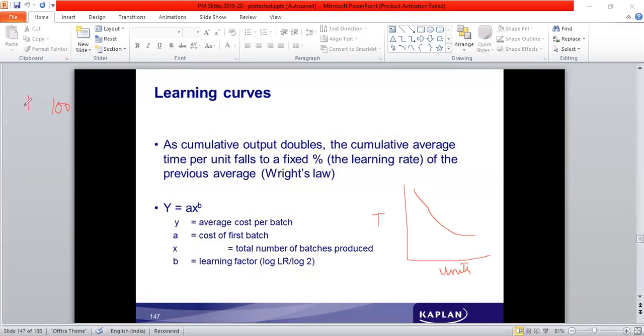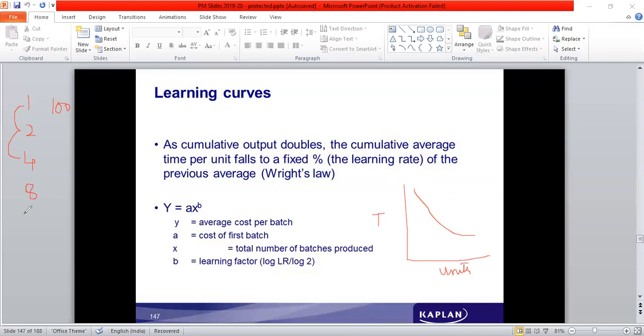Then this one should be cumulated. The next time, to test how much the time reduces, the quantity should be doubled, cumulated. Then this cumulated 2 should be doubled to 4. Then 4 becomes 8, 8 becomes 16, 16 becomes 32.